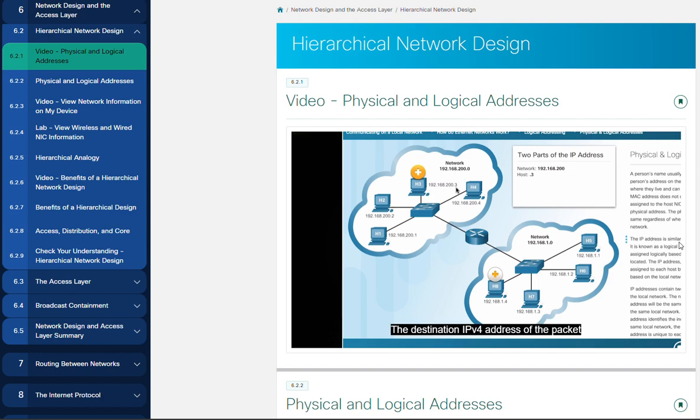The destination IPv4 address of the packet would be that of host H8, 192.168.1.4. Those addresses never change. So the source IPv4 address and destination IPv4 address of the packet remains the same as it traverses from one network to another and across as many networks as it takes to get to the destination H8.